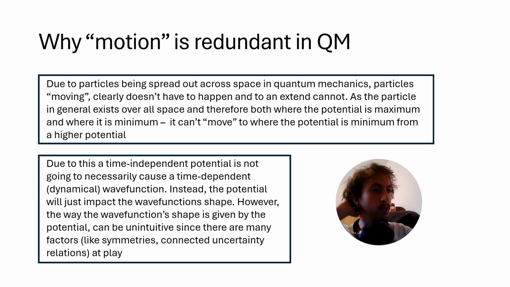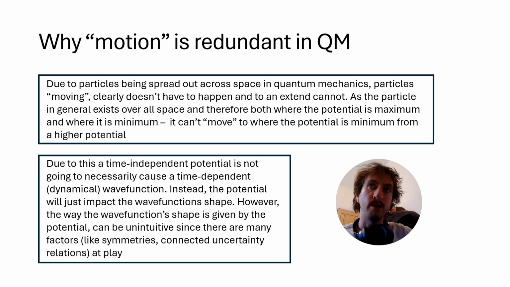Now, since we can't really talk about motion in quantum mechanics, the potential can't act to cause a particle to move, but since potentials will clearly affect the behaviour of our quantum particle or our quantum system, clearly they have to affect the probability density in some way, and so what a time-independent potential will do is it will tell you the shape that the wave function has to take.